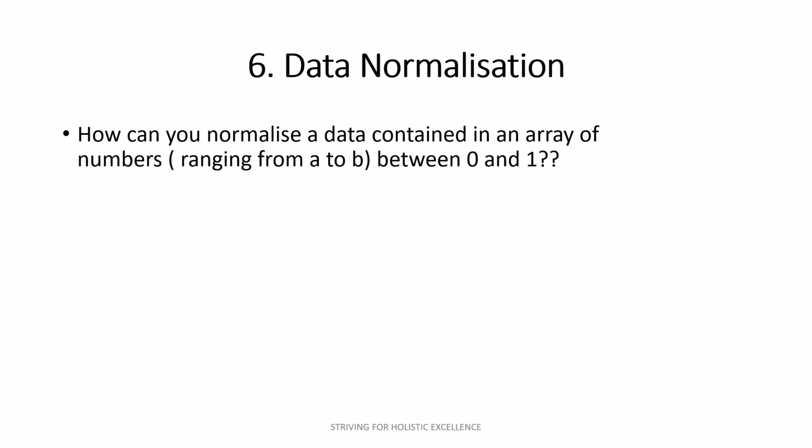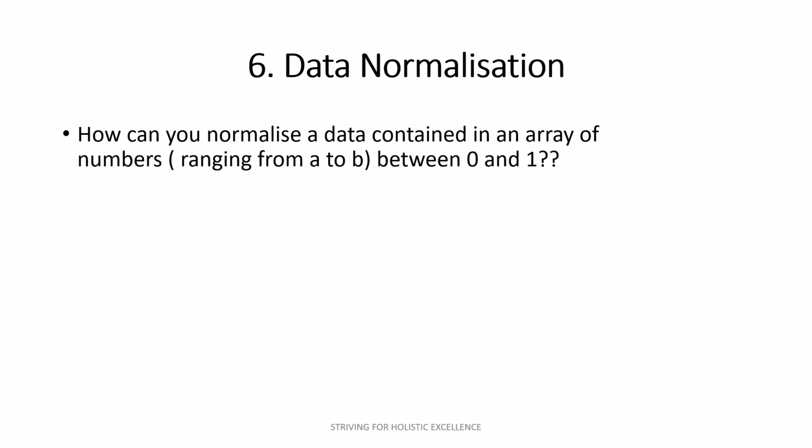Now, to begin with, try to answer this question: how can you normalize data contained in an array that ranges from A to B? If there is a set of data ranging from A to B, can you normalize those values between 0 and 1?